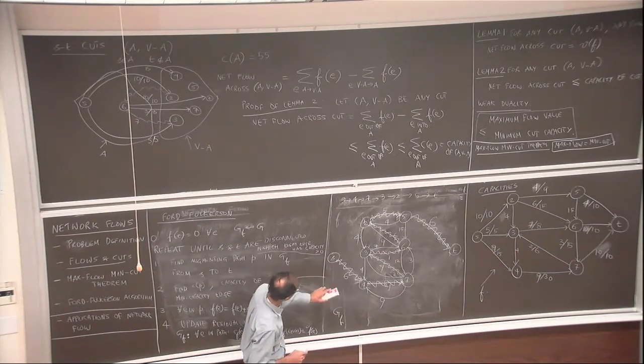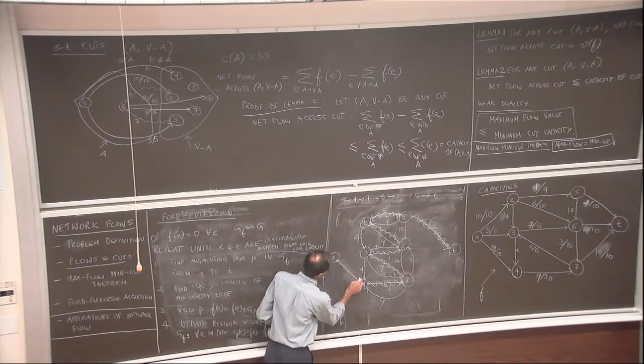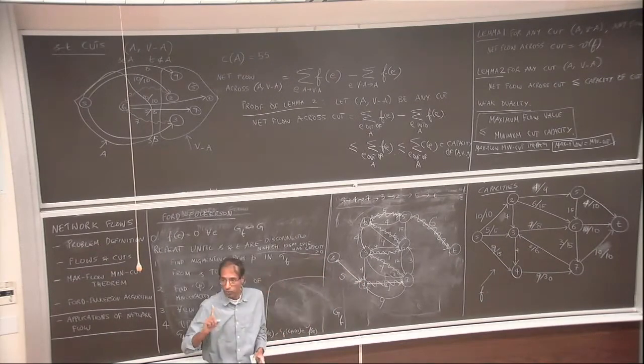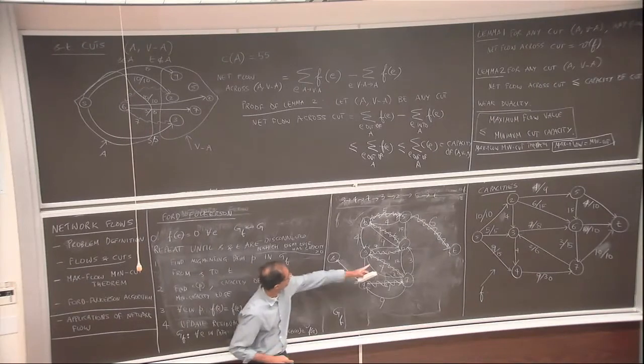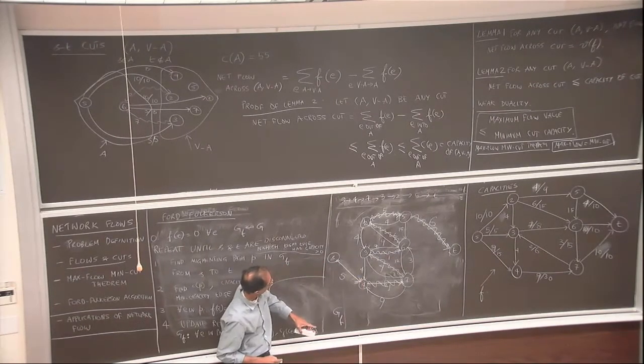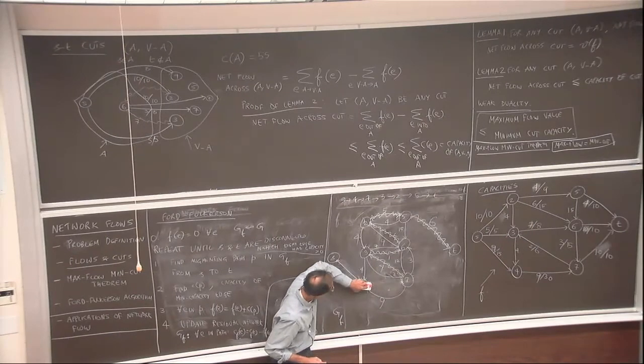Okay, so let's go through this exercise. It's becoming a little crowded, but I think we will figure this out. So this goes from 6 to 3, 6 to 5. Only 1 unit you're sending, because there is only 1 unit here. This edge from 21, its capacity goes down to 20, right?